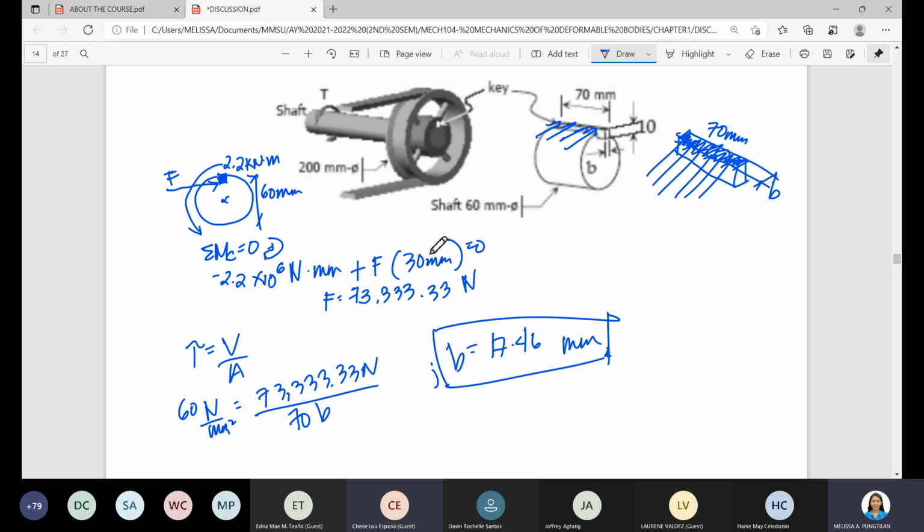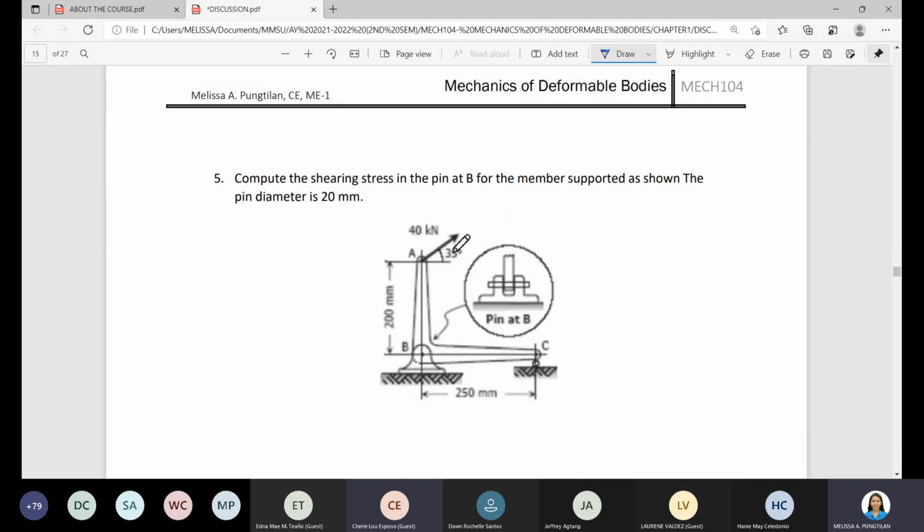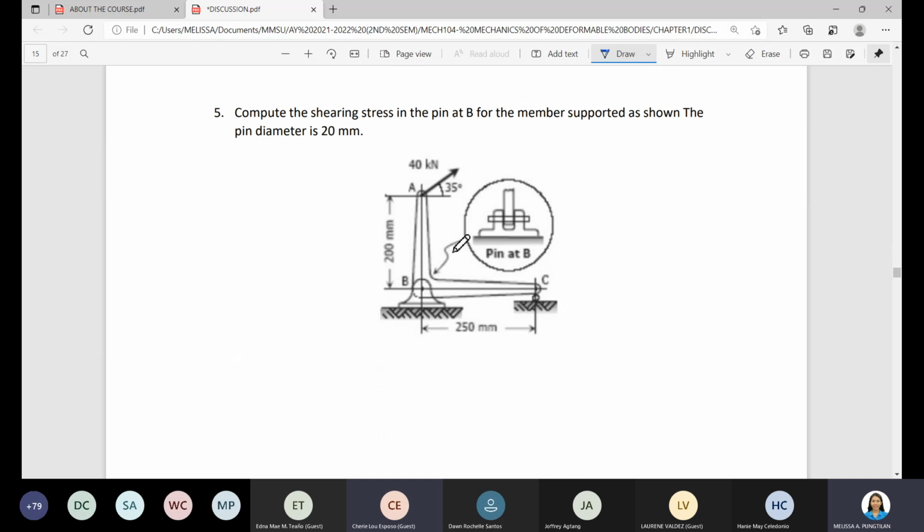Okay, so let's proceed to the next example. Compute the shearing stress in the pin at B for the member supported as shown. The pin diameter is 20 millimeter.